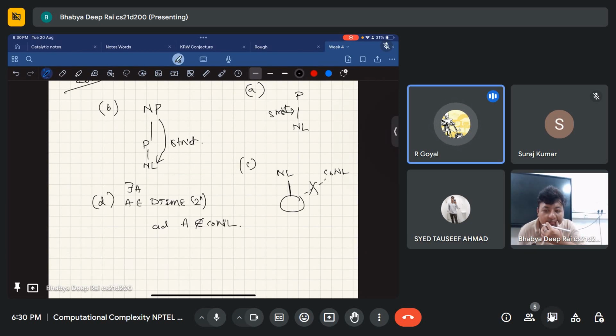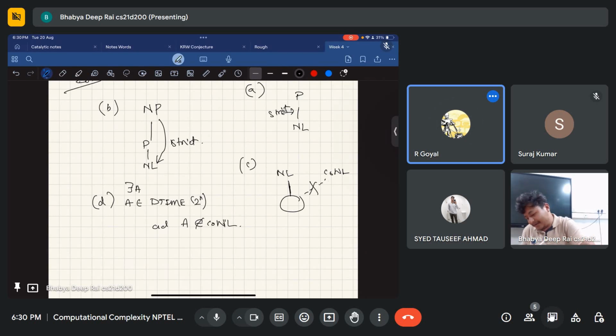So I think that just now we discussed that L has a strict relationship with EXP. L is contained in NL, it's a subset of NL. We still do not know the exact relationship, but NL is the same as co-NL. So if L is contained in EXP, then NL would also be contained in EXP.